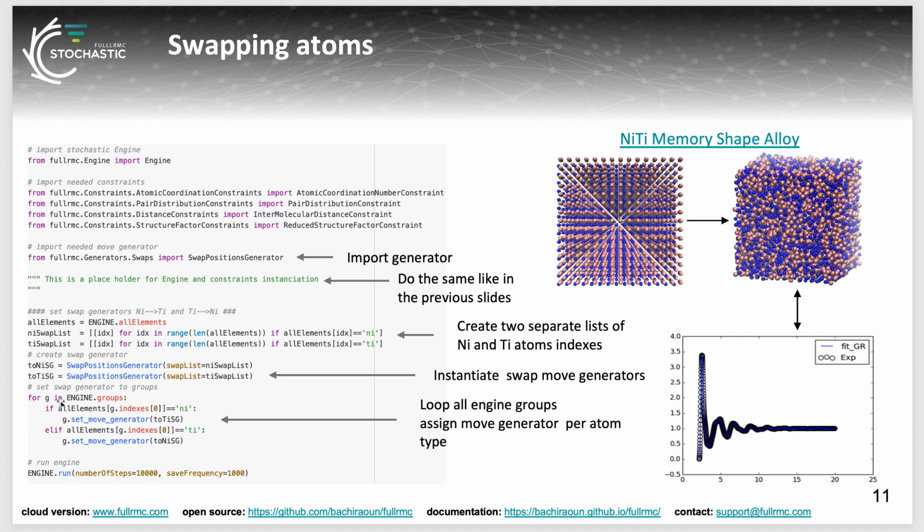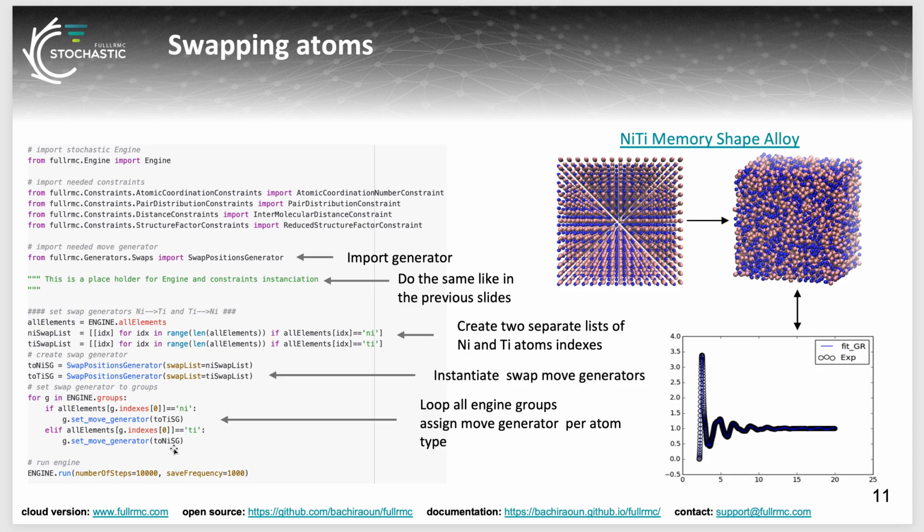So if you're following, now I'm looping through all the groups in the engine, and when the group atom is nickel, I'm setting the move generator for that group to two titanium swap generator. Otherwise, if the group atom is titanium, I'm setting the move generator to two nickel swap generator.